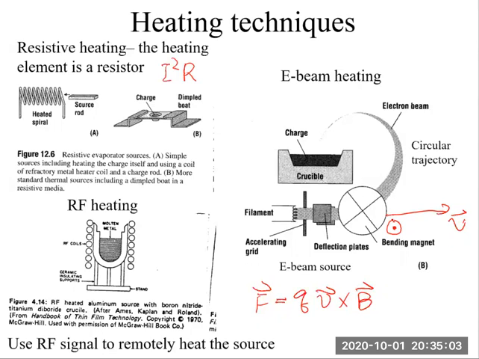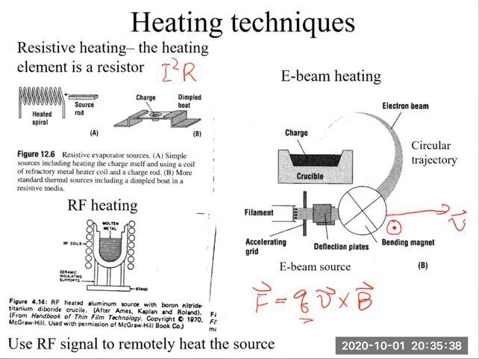We know that electrons are negatively charged, Q is negative, so this magnetic field should point out of the screen. Then this Lorentz force will bend electrons in this direction. Questions?